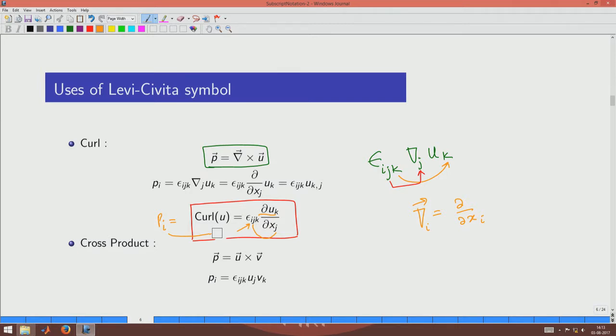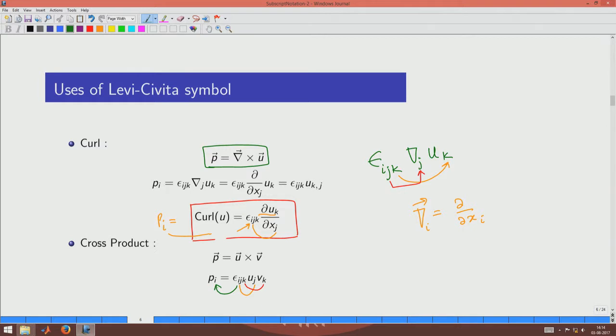Instead of the nabla operator, here you are writing for the vector u and vector v. So, here also the same rules apply. You could see that the second index is used for u and the third index is used for v, and the free index, which is i, is what is used for the outcome p.